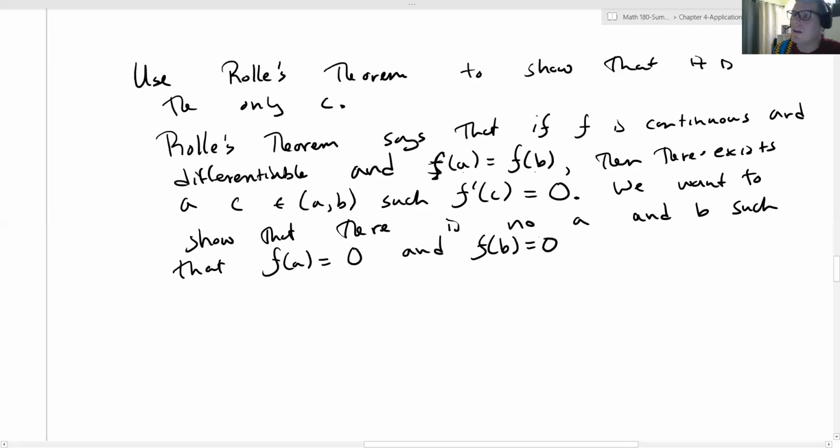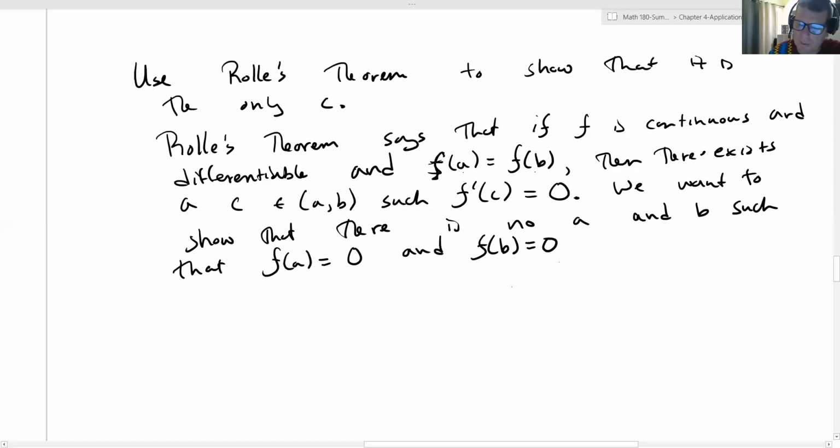We wanted to show that there's only one root. If we've got two different values that both equal 0, then that means we have two roots, and that doesn't work.